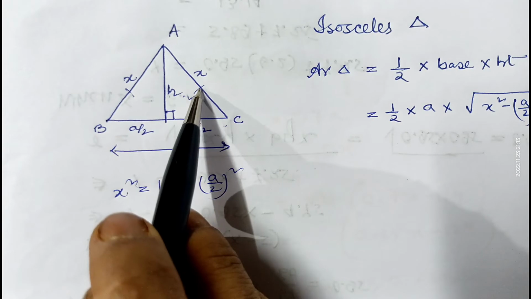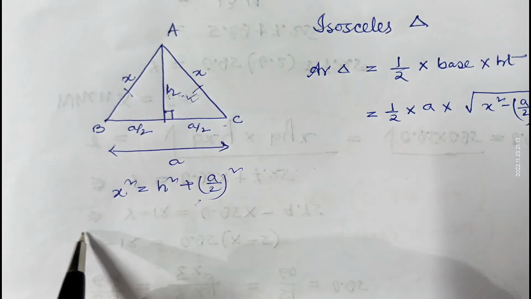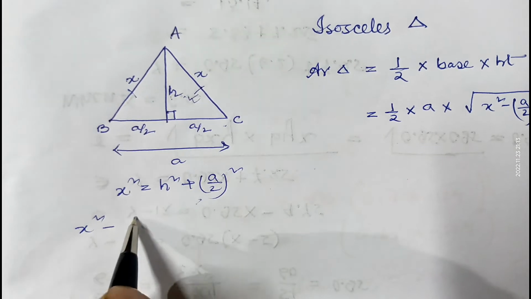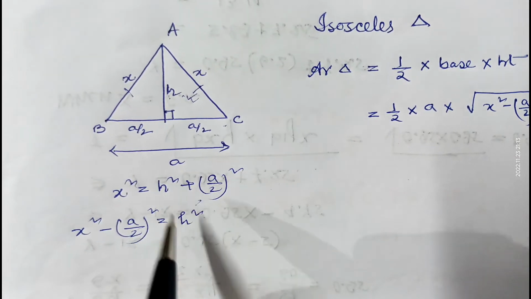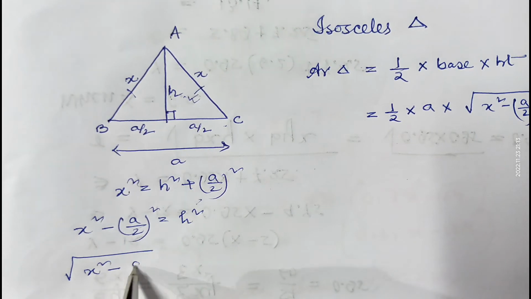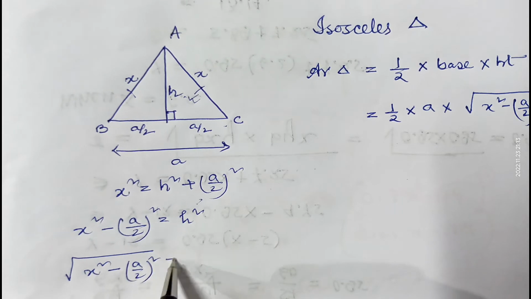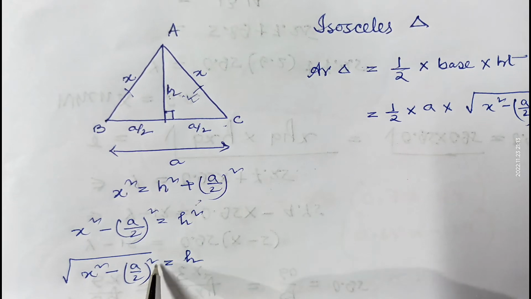Here x is the hypotenuse. So x square minus a by 2 whole square will be h square. So h will be root over x square minus a by 2 whole square. So we got the height of the triangle.